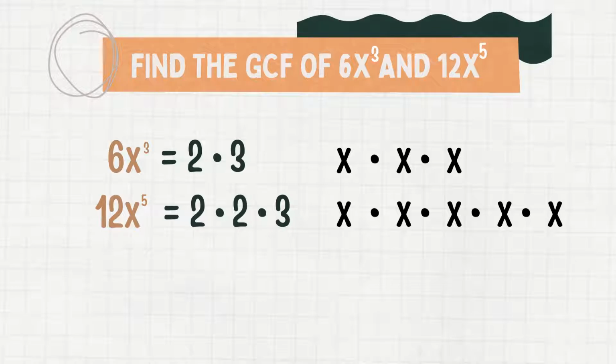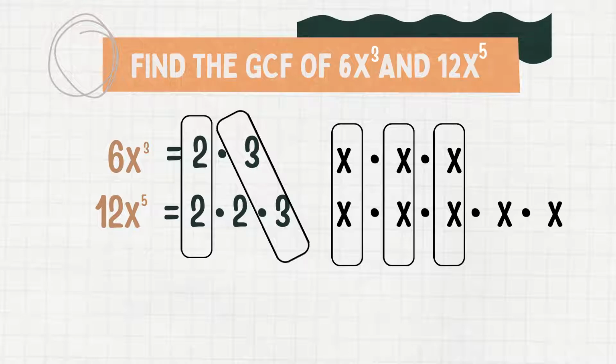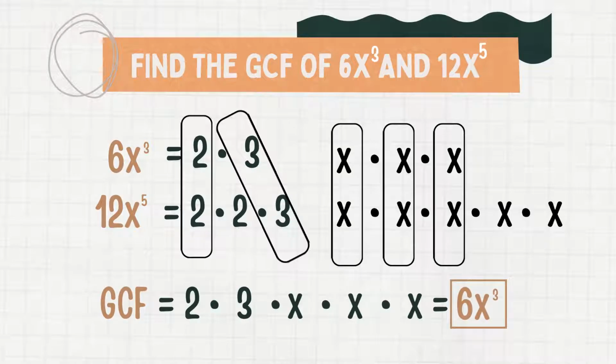On the other hand, 12 is the product of 2 times 2 times 3, and x raised to 5 is equal to the product of x written 5 times. This time, we mark or identify the common factors. For the numerical coefficients, we have 2 times 3, and for the literal coefficients, it is x times x times x. Finally, the product of the common factors is equal to 6x cubed.